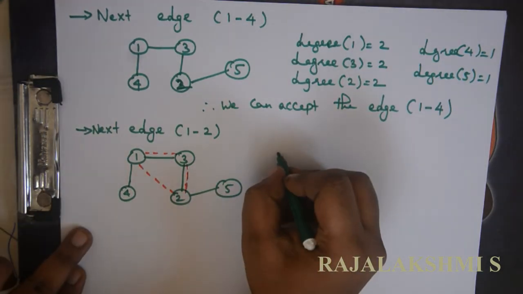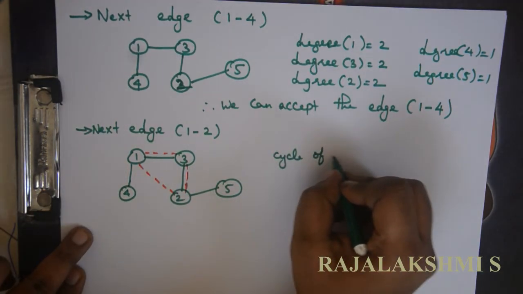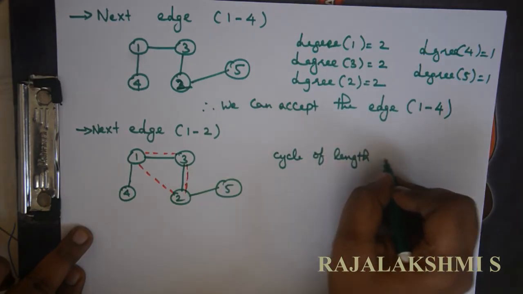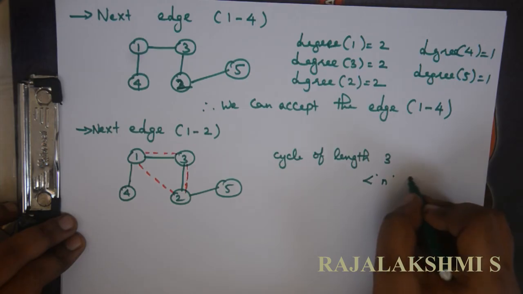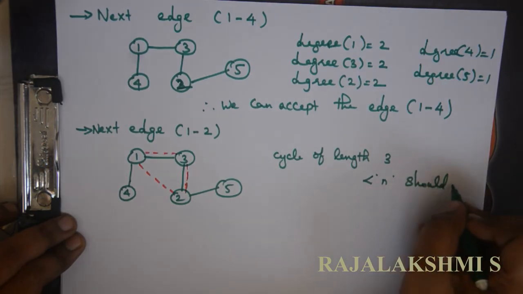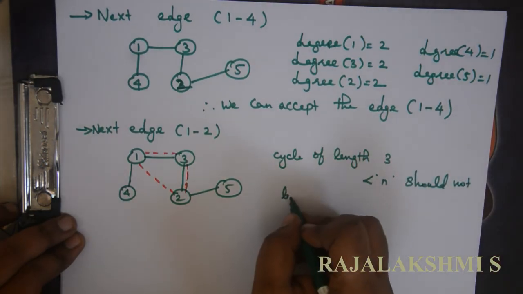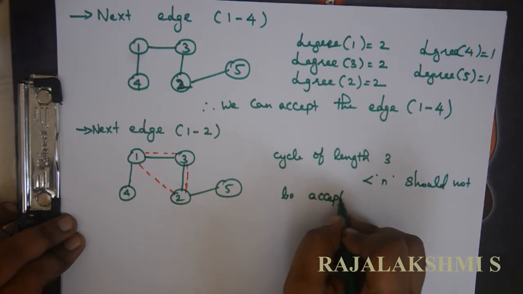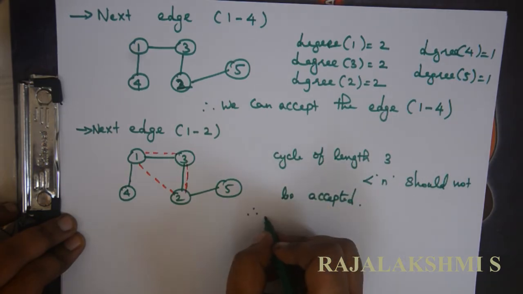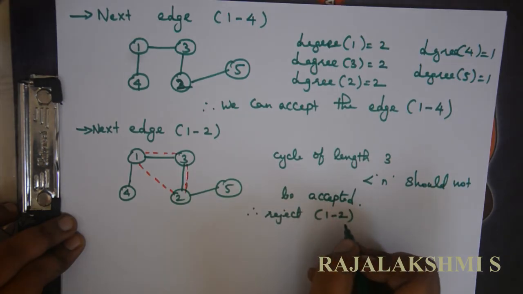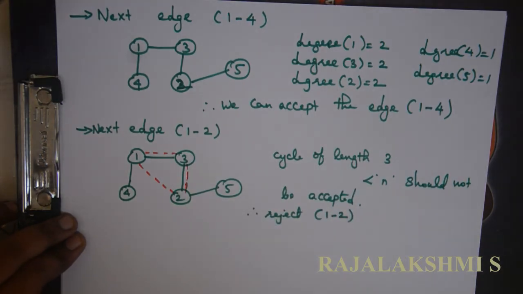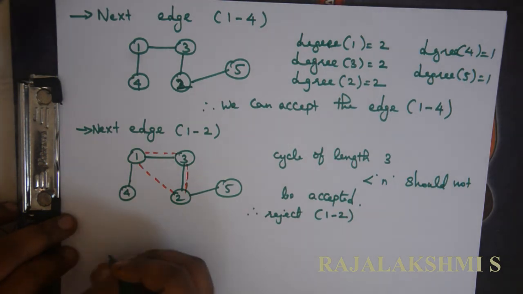The cycle length is 3, right? A cycle of length less than n should not be accepted. Therefore, reject the edge from 1 to 2. Are you clear? Okay.